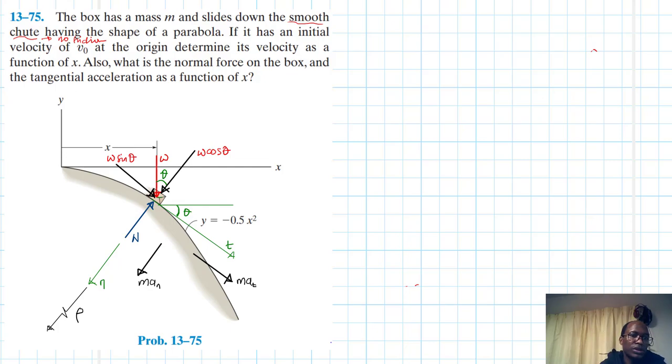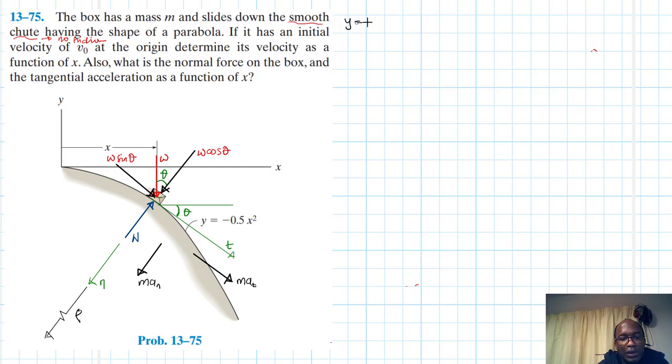It doesn't look straight, but it's fine. Let me redraw it. I prefer it straight, but it's no big deal whether it's straight or not. Just my preference. You don't have to do this. Okay, maybe something like this. So let me call this my rho, which is the radius of curvature. So we need to find this.